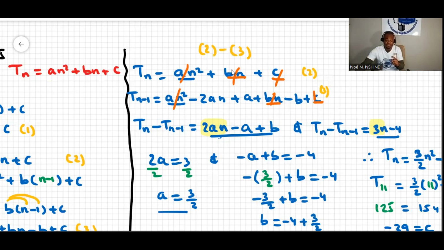Now, 0 minus 2an makes positive 2an, 0 minus a makes negative a, 0 minus b makes positive b here, the difference. And then, because it was given that Tn minus Tn minus 1 equal to 3n minus 4, this simply implies that 2a is equal to 3, and then negative a plus b, those are the constants, equal to negative 4 there.